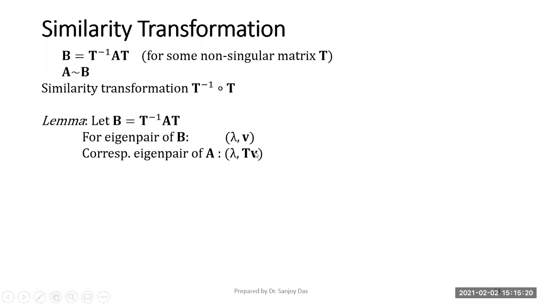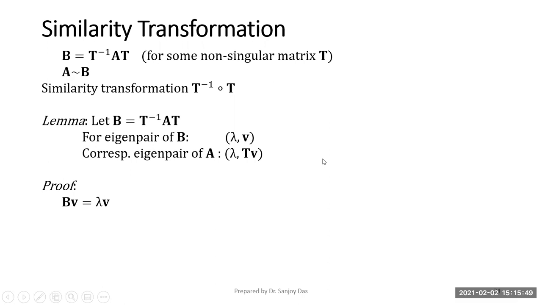The eigenvectors get transformed like this. Good. More importantly, the eigenvalues do not change under similarity transformation. So if we have two matrices, A and B, related as per this expression here, then they have the same eigenvalues.